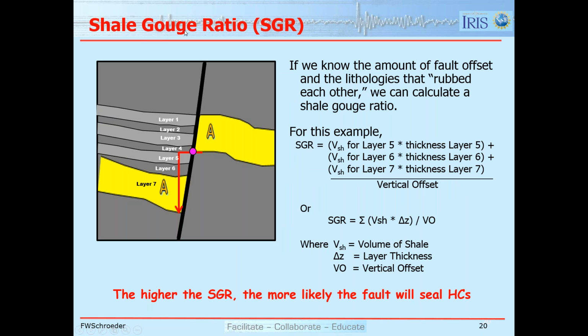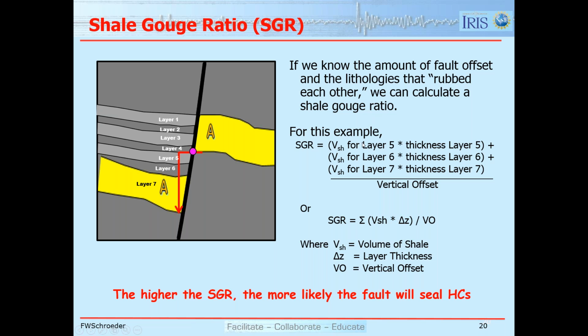So we can calculate what is called the shale gouge ratio, SGR. And so here we have sand A, and it's offset down through the fault to this position. And so we can consider what layers have been smeared against each other. There's an equation here.